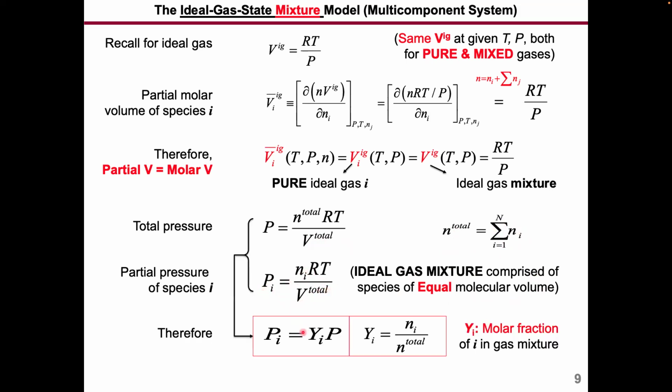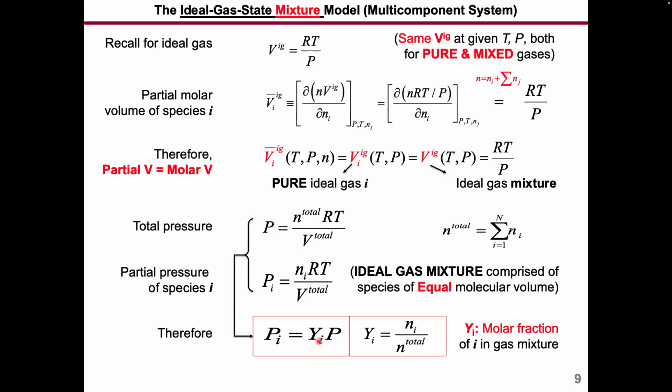And then you can correlate p_i with total pressure by mole fraction, basically by dividing this equation by this equation. So p_i divided by P is going to be n_i divided by n_total.